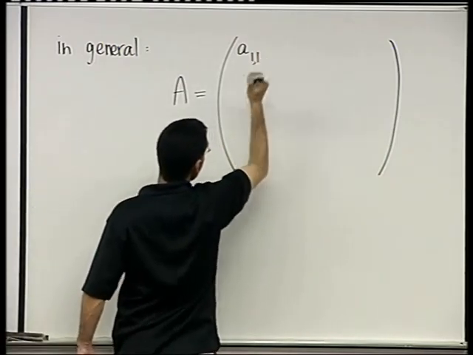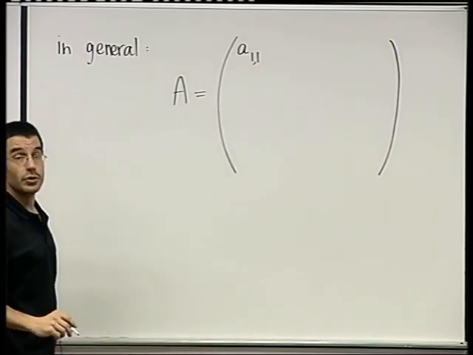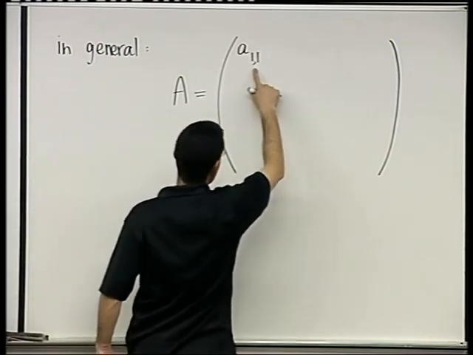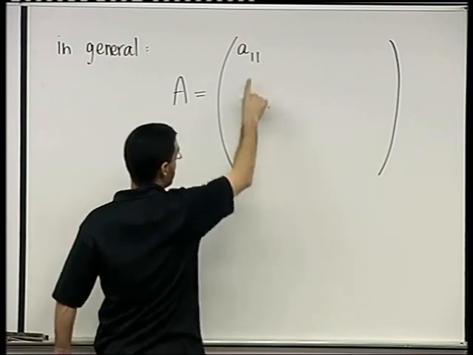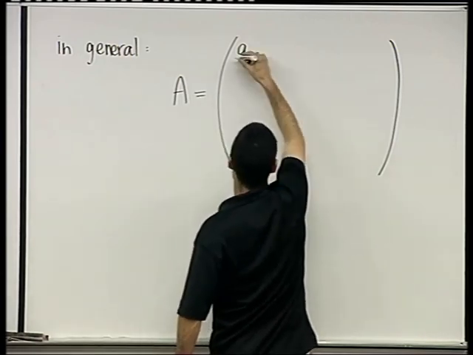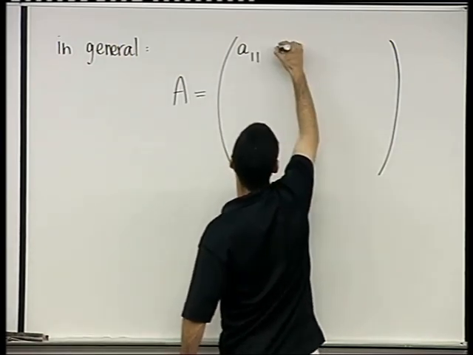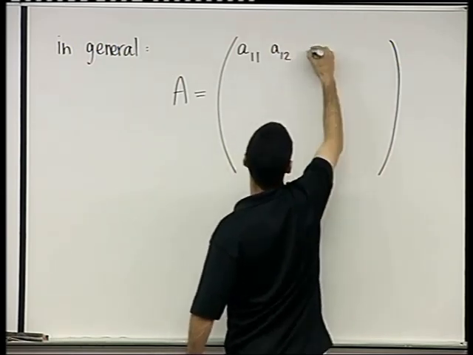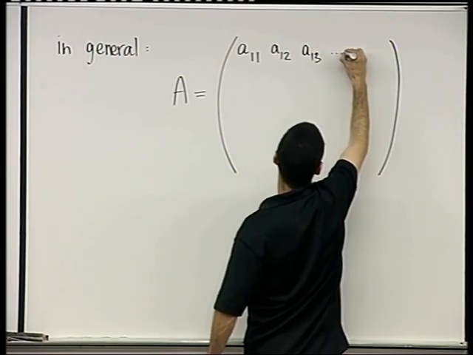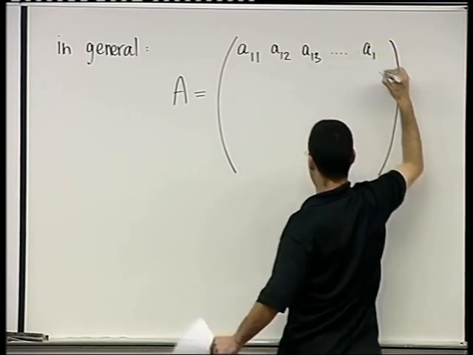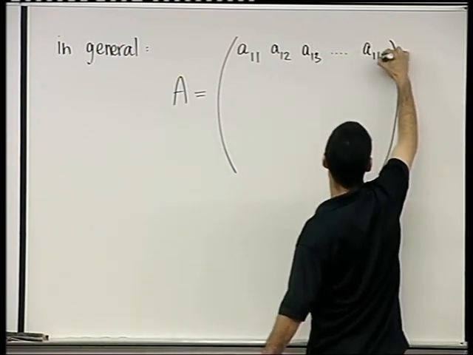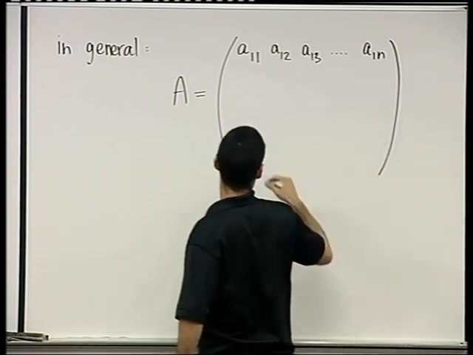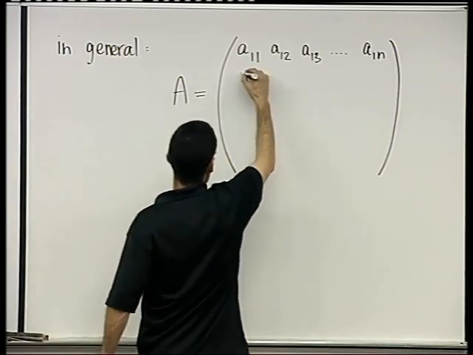Sometimes you'll see a comma separating the two ones, but when these are small numbers, often it's not there. So this is A11, first row, first column. This is A12, first row, second column. A13, all the way up to A1n.